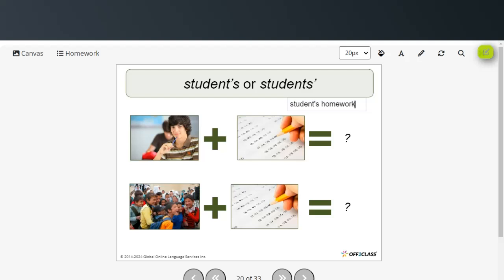And here we'd have students with the S apostrophe.